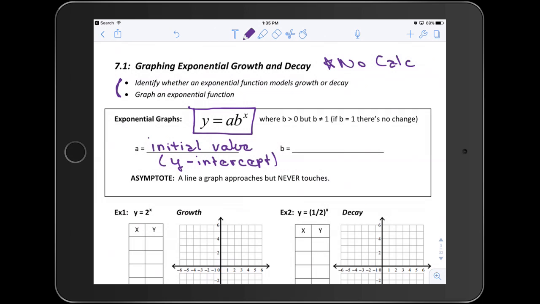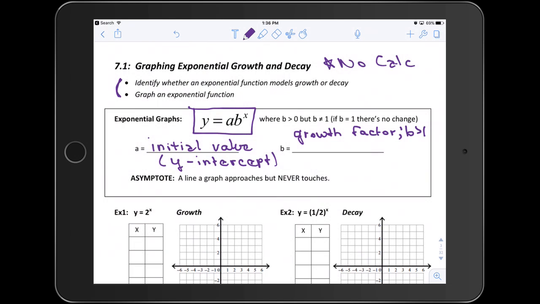B is going to be your either growth or decay factor. Notice I'm not saying percent, I'm saying factor, and there's a huge difference between a percent decrease and a growth or decay factor. Let me write growth factor up here. You know that it's a growth factor if the B value is greater than 1.